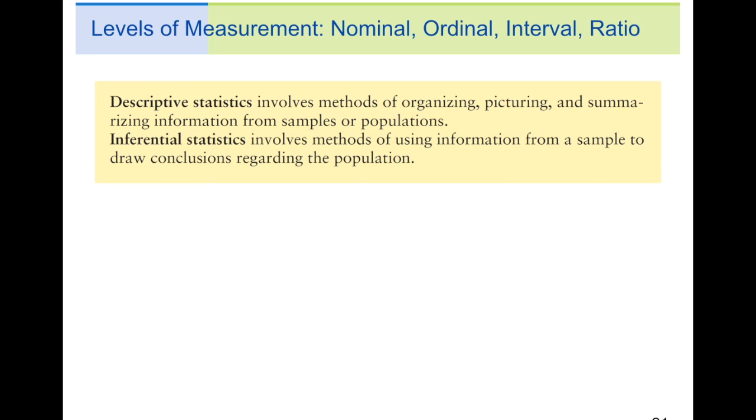And finally, descriptive statistics versus inferential statistics. Descriptive statistics is talking about something. So an example of that could be you look at a sample and find out that a certain percentage of people have blue eyes.